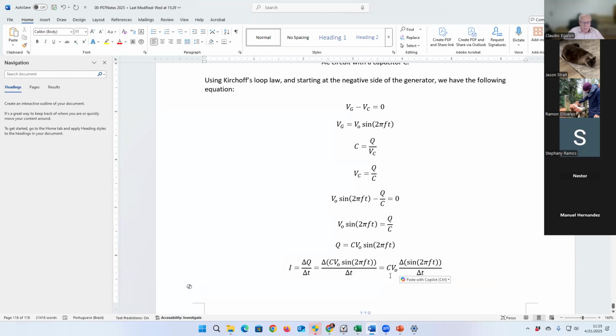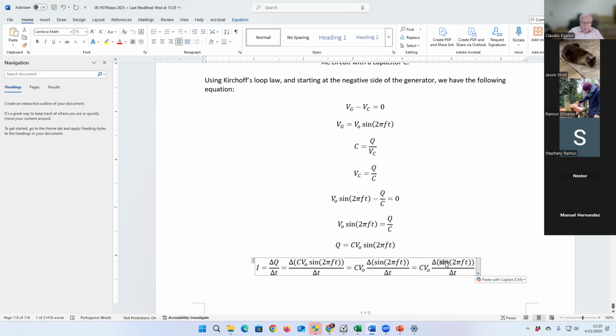And if you took calculus, when you take this type of ratio here, what you end up getting is a cosine of 2 pi f t times 2 pi f.